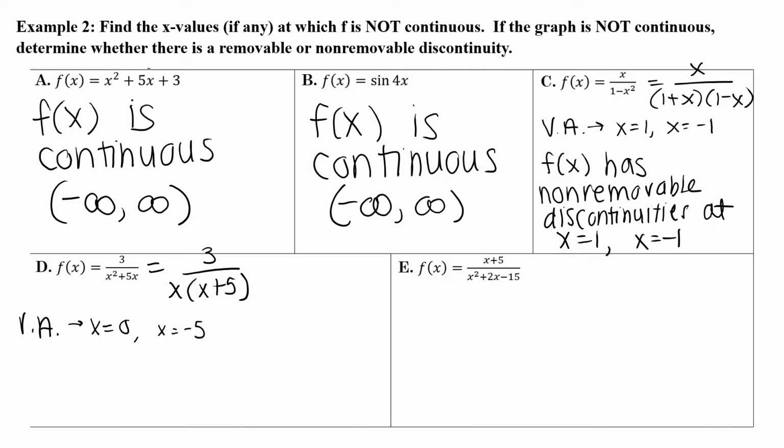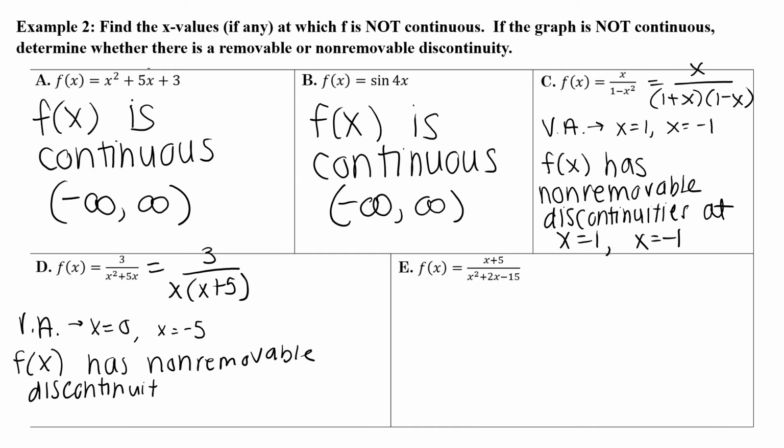Again, since vertical asymptotes are non-removable, our function f of x has non-removable discontinuities at both x equals 0 and x equals negative 5.